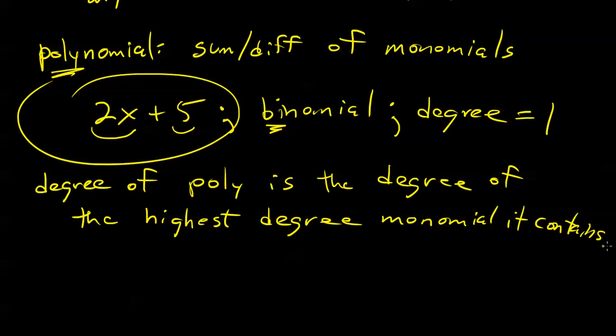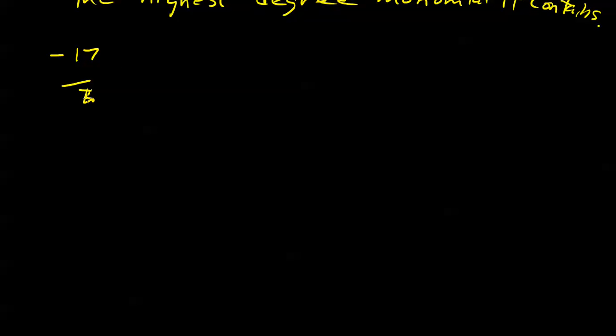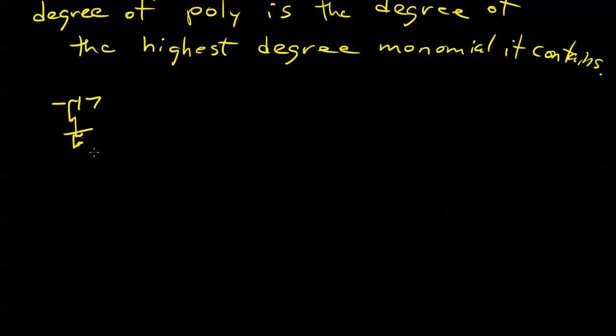Alright, let's look at some more complicated examples of polynomials. Let's see. Try minus 17 thirds. Alright, I'm having trouble here. The screen is getting jittery.